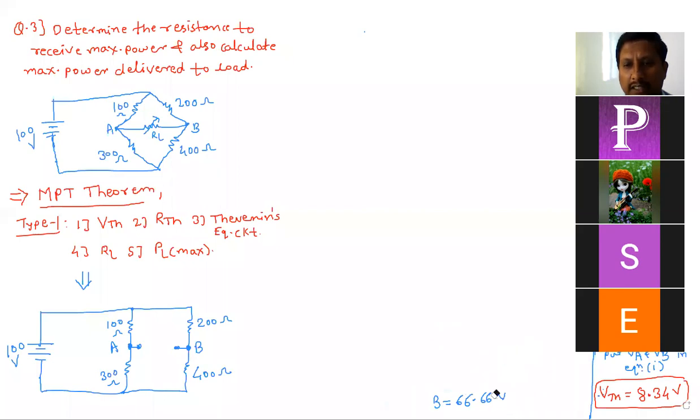We have already solved such an example, but still we can discuss it. So second point, RTH. A number of times we have to make modifications in the circuit. So the voltage source is shorted, short circuit.